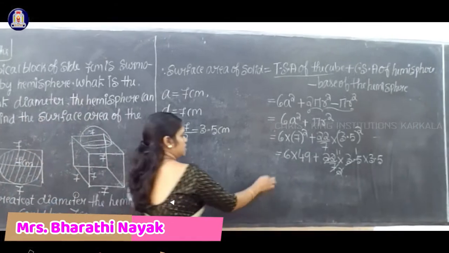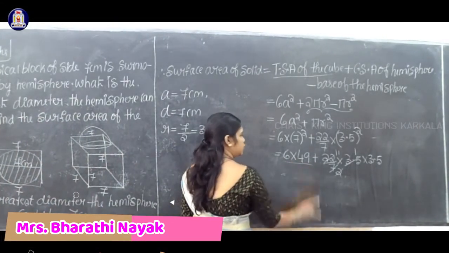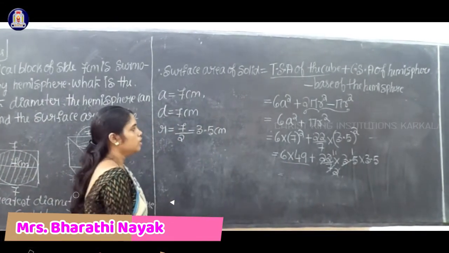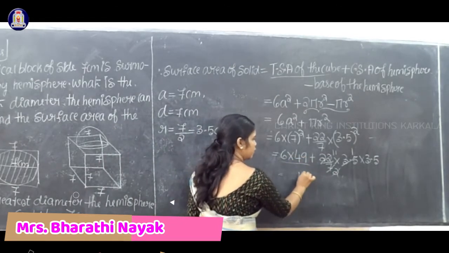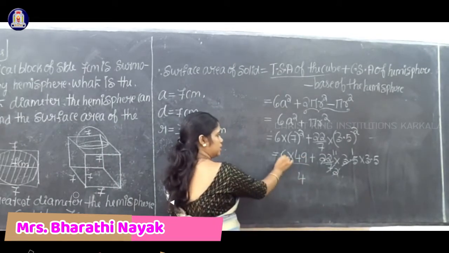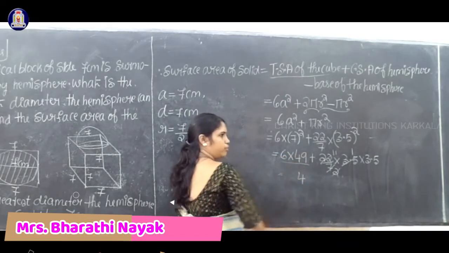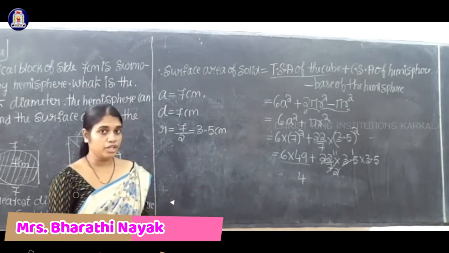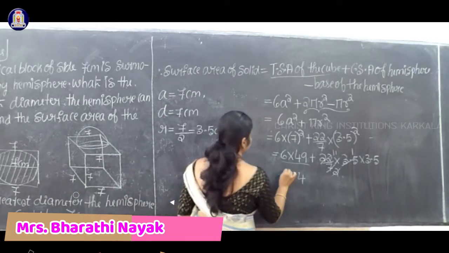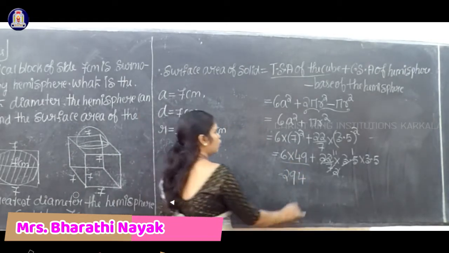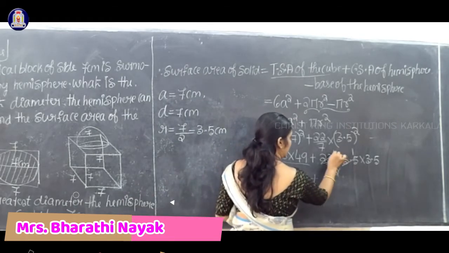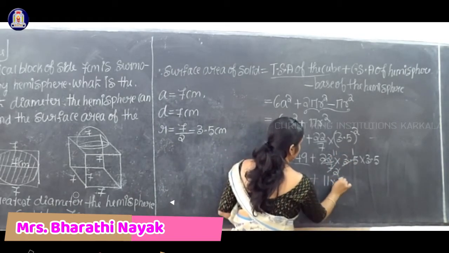So now this is equal to 6 into 49. How much is 6 into 49? 6 9s are 54, 5 carry. 6 4s are 24, 24 plus 5 equals 29. So you will get 294, plus 11 into 3.5.